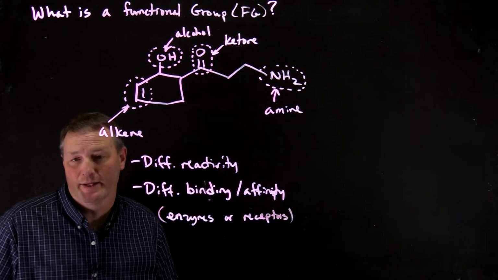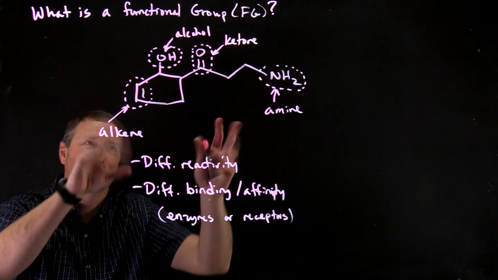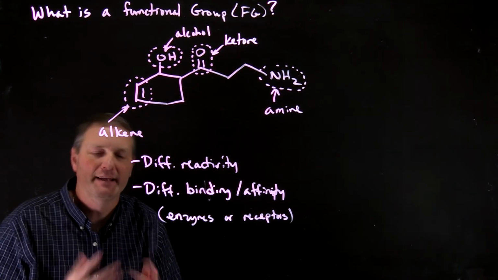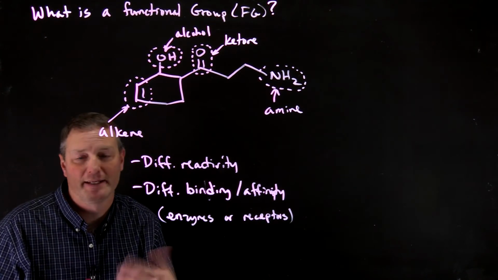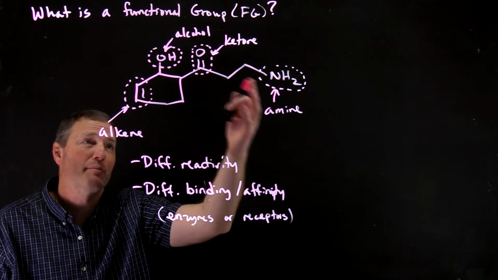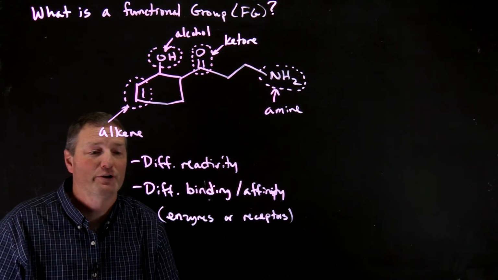So many drug molecules contain multiple different functional groups, and it's the certain collection of those functional groups and also the scaffolding provided by the carbon skeleton that gives a molecule its ability to do its function, whatever that might be. Lastly, the physical properties of this molecule are going to be dictated by the collection of functional groups.